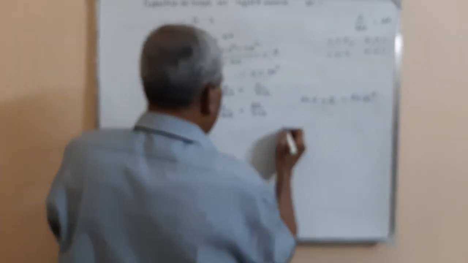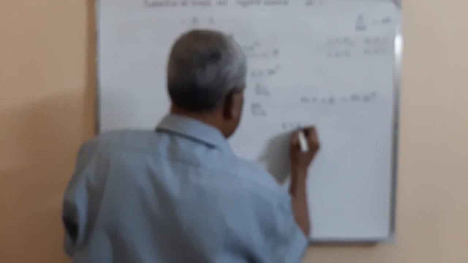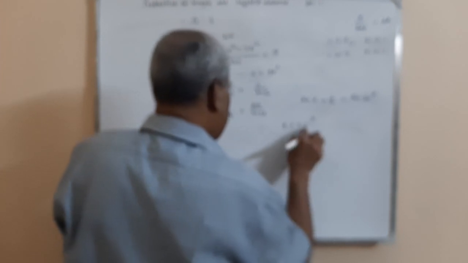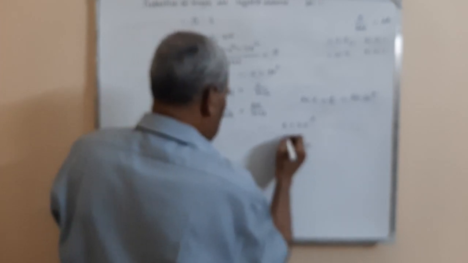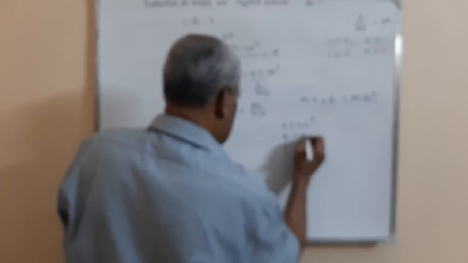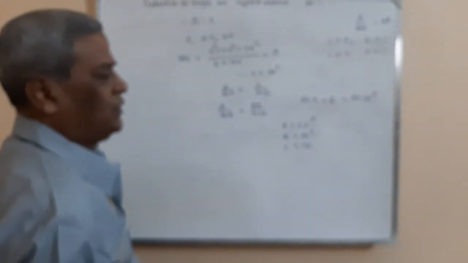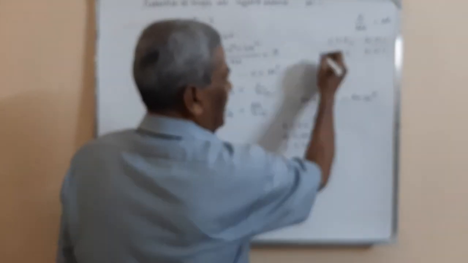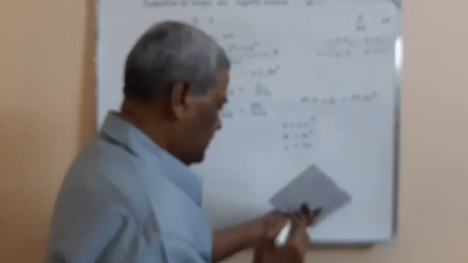So we get A is equal to 30 degree, C is equal to 90 degree, together they are 120. So angle B is pi minus 120, that is 60 degree. So the ratio of the angles is 1 is to 2 is to 3. This is the correct option.